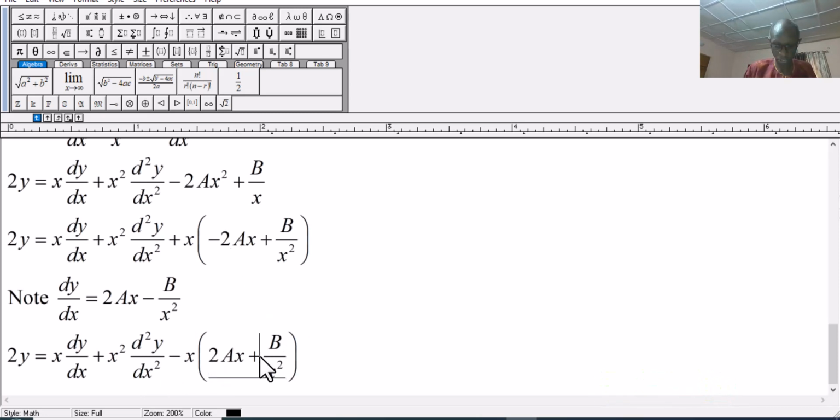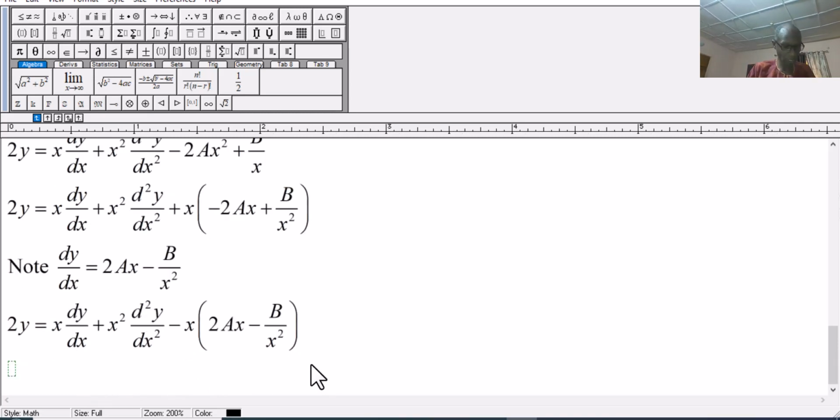Then this one will change to minus, this one will change now to plus, because plus times minus changes everything. So this one will be minus, and minus times minus changes that to plus. So we have what we initially have at the start of the question.